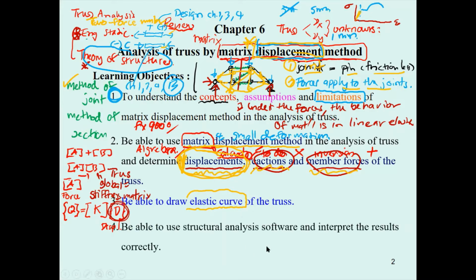And the last one, I would like you to be able to use the structural analysis software at our university. We use Substructure. Okay, you can download this program from our website, and you should interpret the analysis results correctly, and compare the analytical results with the manual calculation.